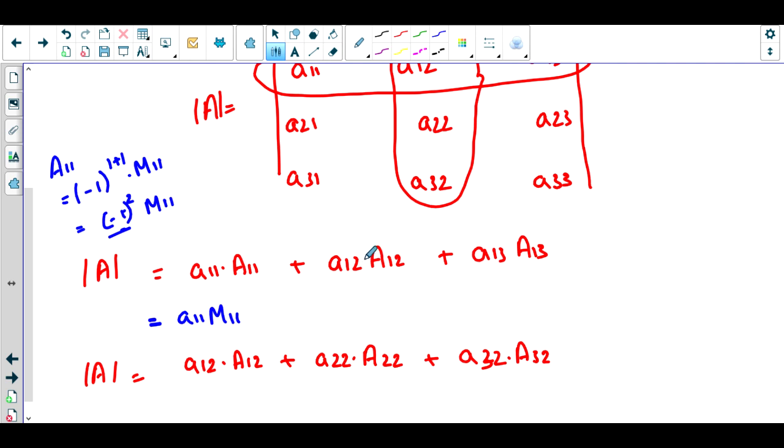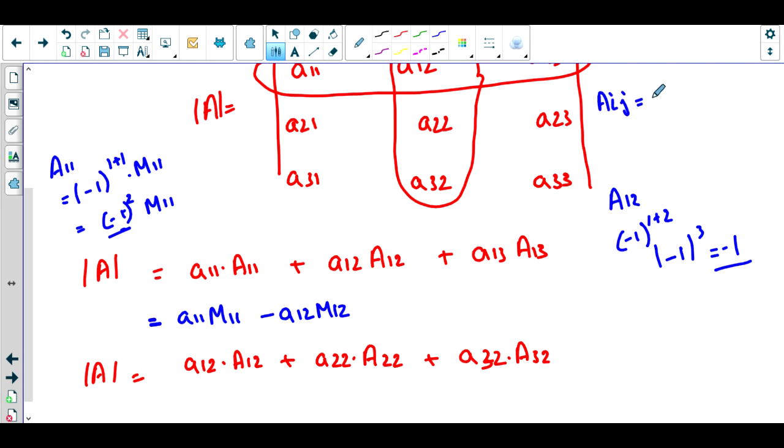Now if you come here, this is A12. If you take (-1)^(1+2), it will be (-1) cube, so this will be negative. So this will become -A12 into M12, because this is how you solve the cofactor: Aij is (-1)^(i+j) into Mij.